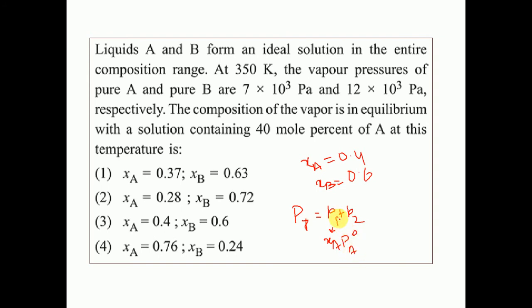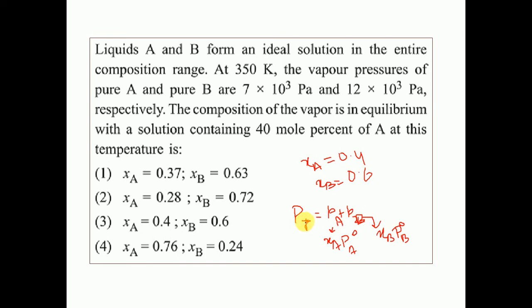if we take 1 as A and 2 as B, it will be XB, and then we will multiply it with P naught B, right. So substituting the values, we will get the value of P total.